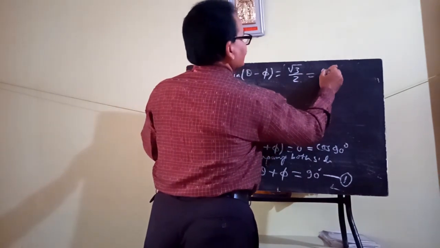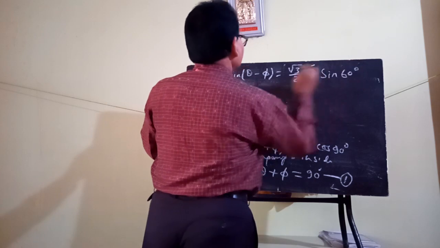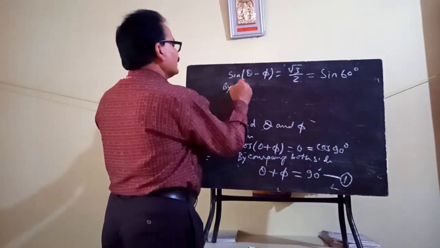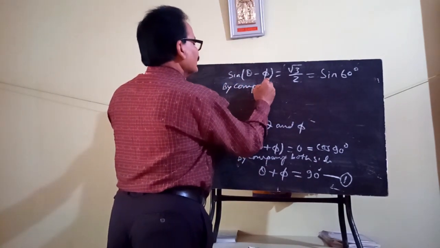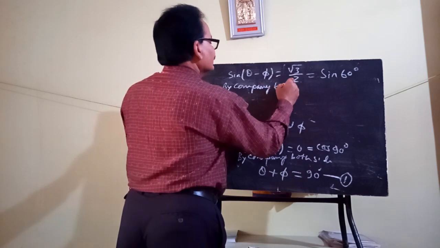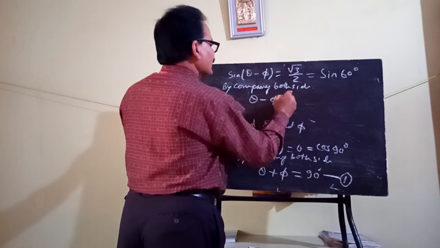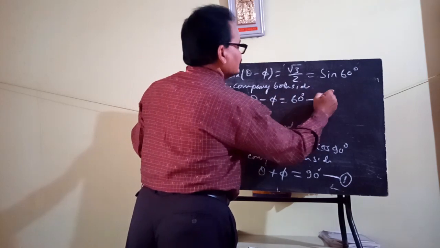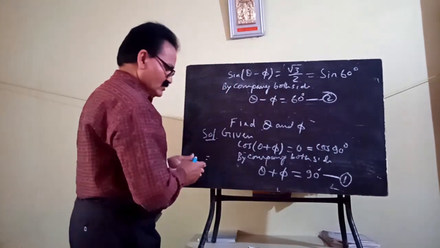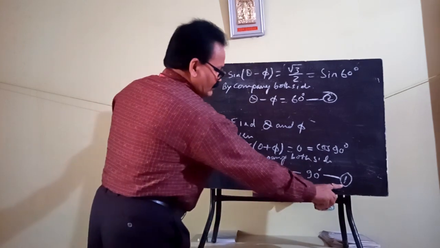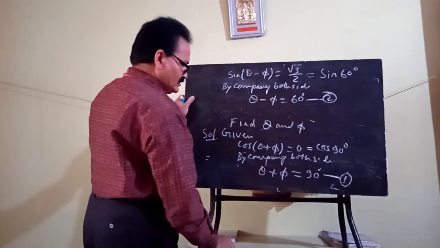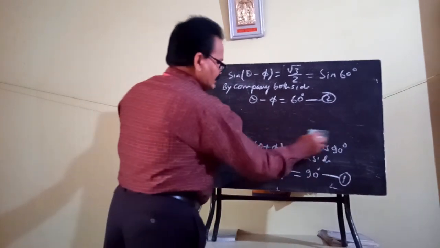So this is sine 60 degree. Now again you write by comparing both sides, what will happen? That is theta minus phi equal to 60 degree. This is your equation 2. Okay. Now you have to solve equation 1 and 2 to get the final answer.